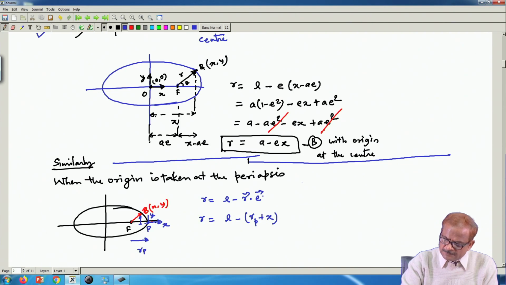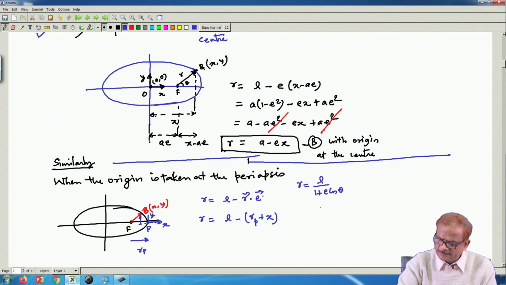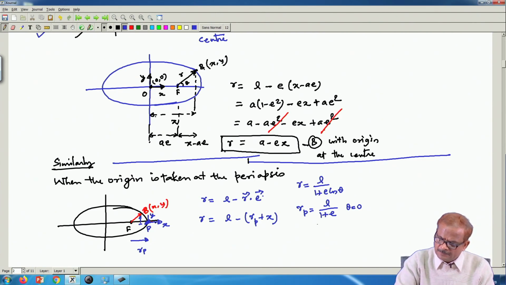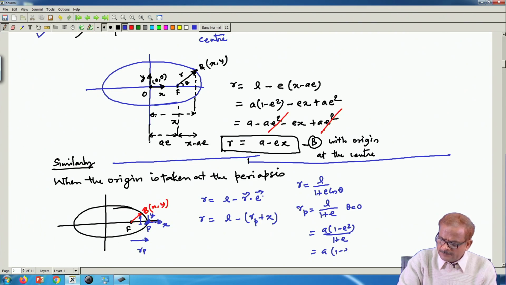Also we can see that from the equation for r, this is the equation for the conic section. In this case we have represented here an ellipse. So, r perigee will be L by 1 plus e, because here theta equals 0 for this point, where we have written P. And L already we have written as a times 1 minus e squared. So, this becomes a times 1 minus e.